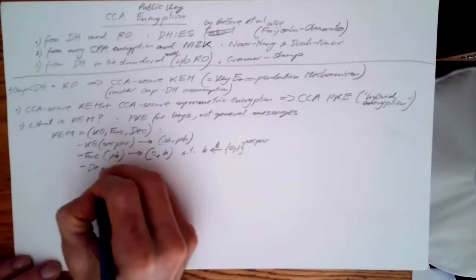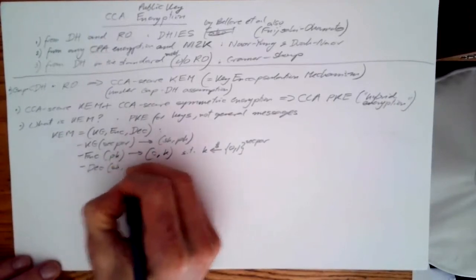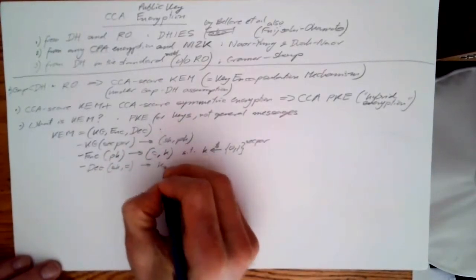So decryption under the secret key of the ciphertext gives you back the key, right?